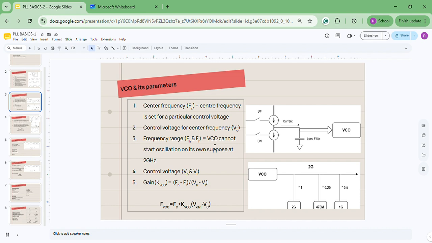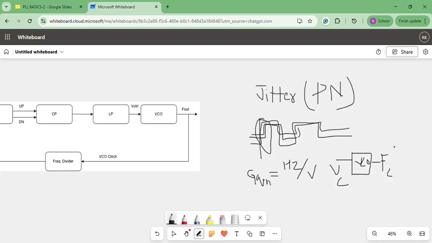But we cannot directly tune to this FC. We should design our VCO for a range of frequency which will finally tune to FC. So this frequency range is FH and FL. Our FC will lie somewhere between FH and FL.